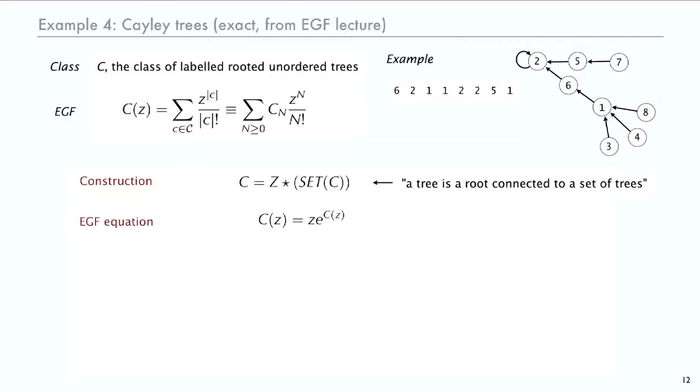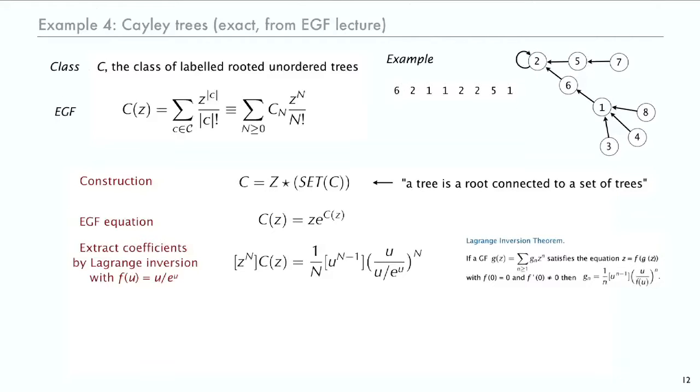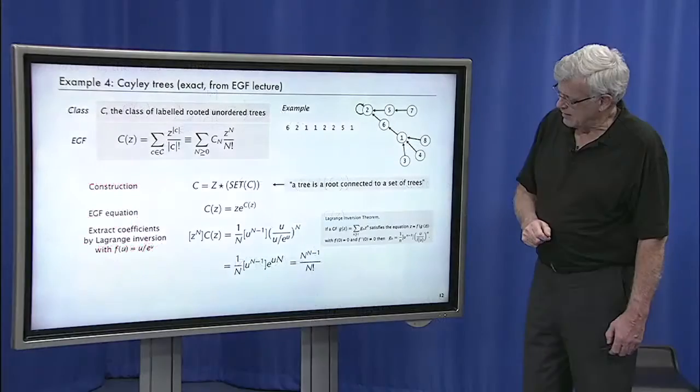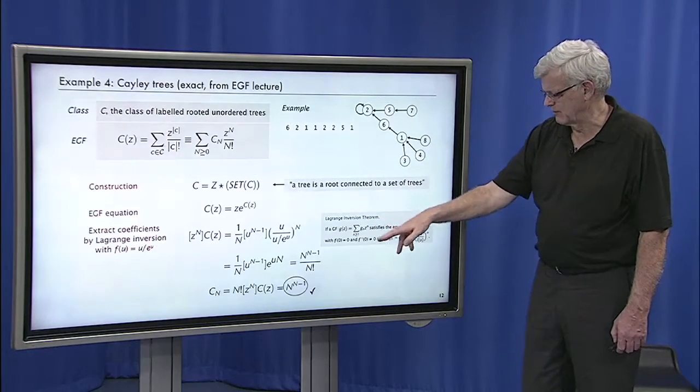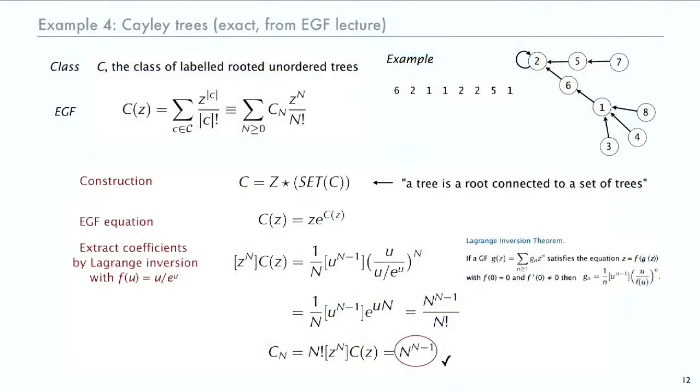And then in lecture 2, we used the Lagrange inversion theorem to get the coefficients out, eventually getting to n to the n minus 1 for the number of Cayley trees. So it's n factorial times that coefficient, which is n to the n minus 1. That's certainly a valid way to extract coefficients.